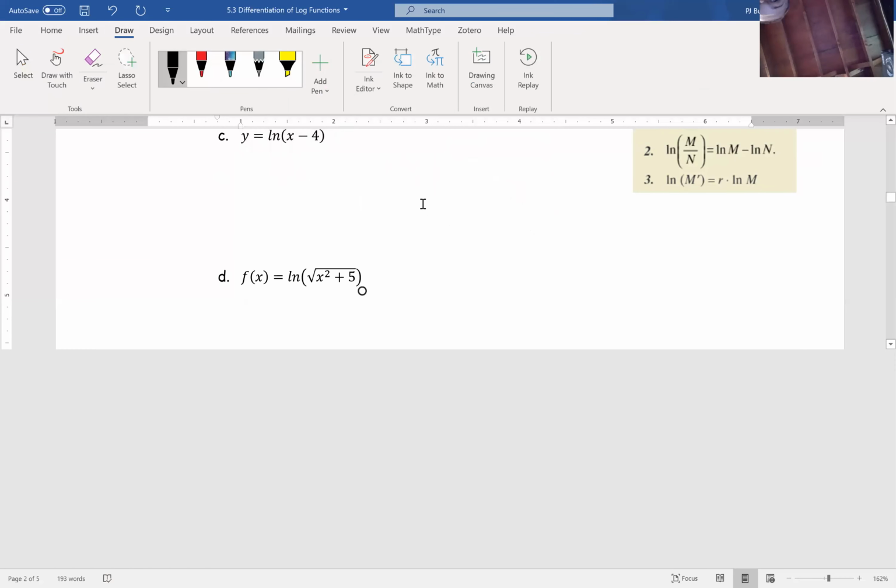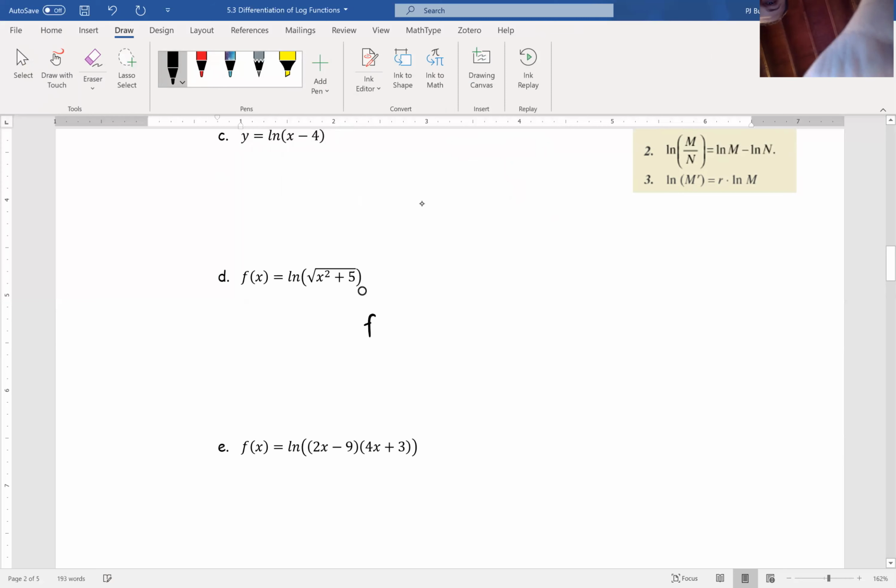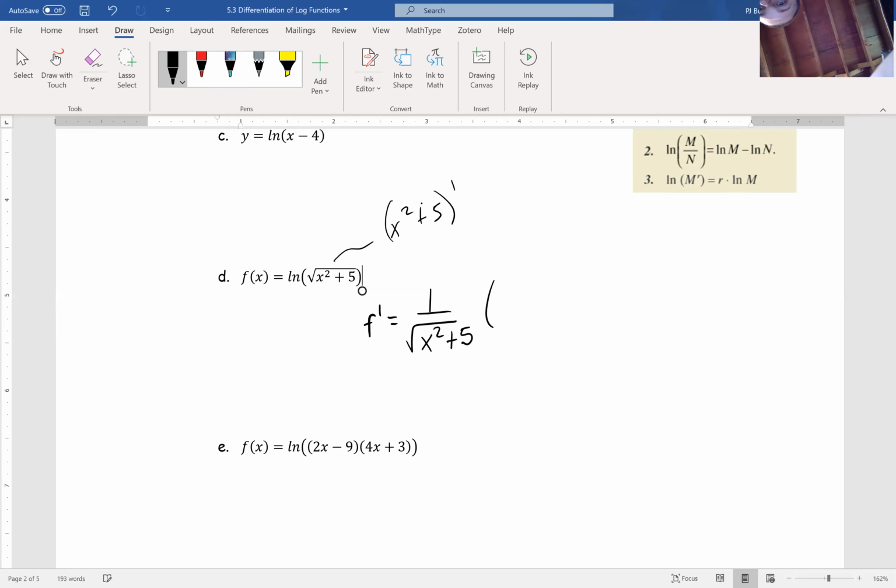Let's try this again. All right, f prime. Derivative of this natural log, again, we would get 1 over the inside. But we'd also need to multiply by the derivative of the inside. Recall that this is to the 1/2 power. So when I differentiate, that 1/2 comes down in front.